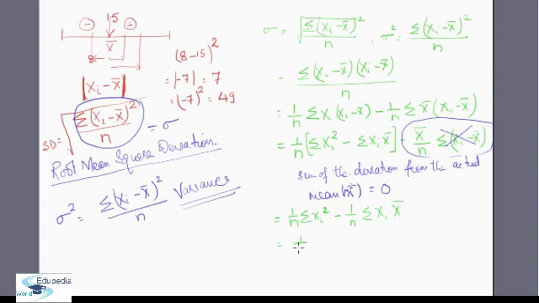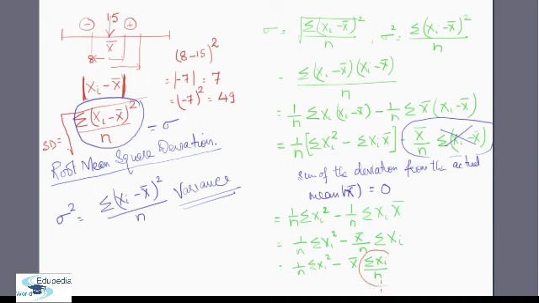Therefore, we will have 1 over n summation xi square minus x bar by n times summation xi. Now when we take this n here, it will be written further as 1 over n summation xi square minus x bar times summation xi over n. Now what is this summation xi by n?